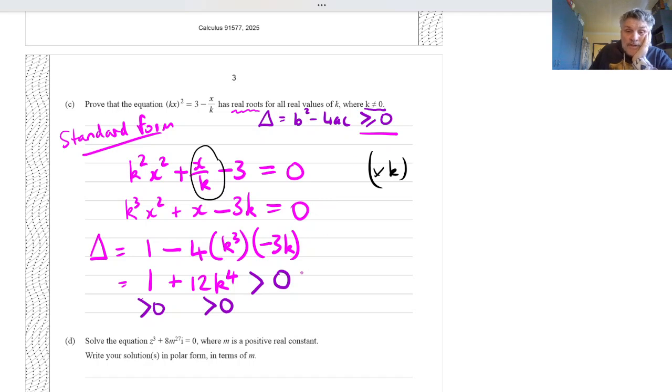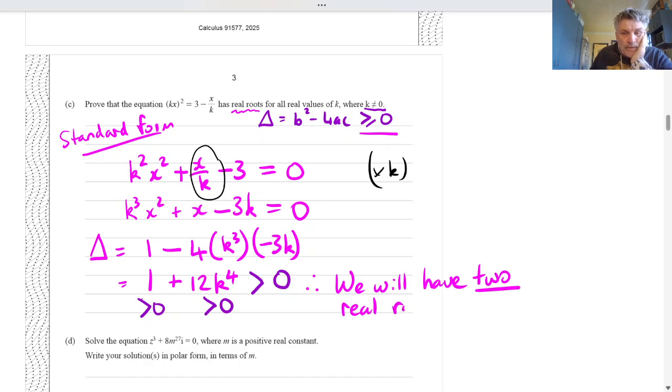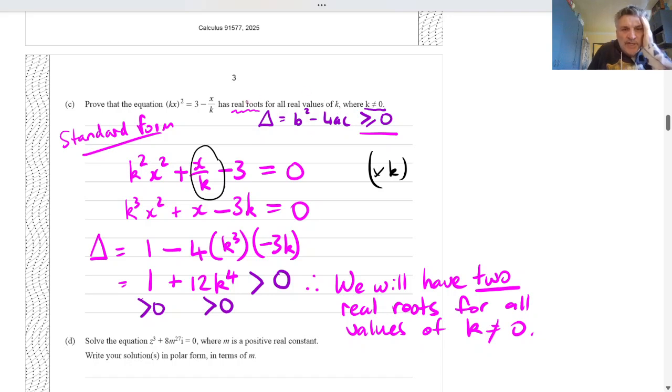And therefore, we will have not just real roots, but we will have precisely 2 real roots for all values of k that are not 0. We can't have 0 because we've got to divide by k here, which would give us a problem. We'd have an undefined equation.